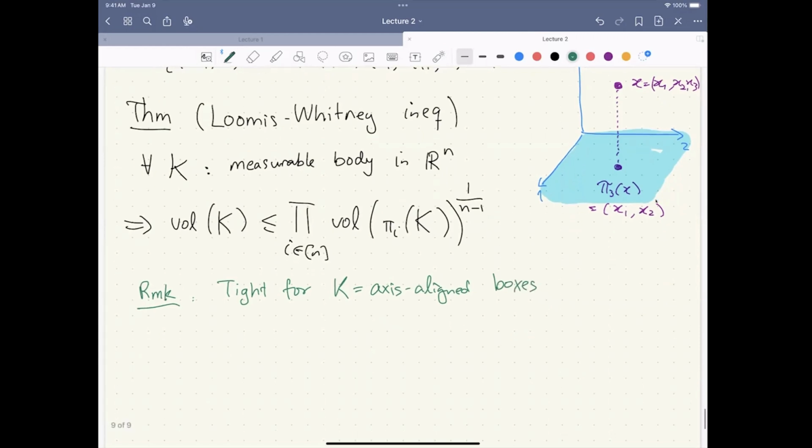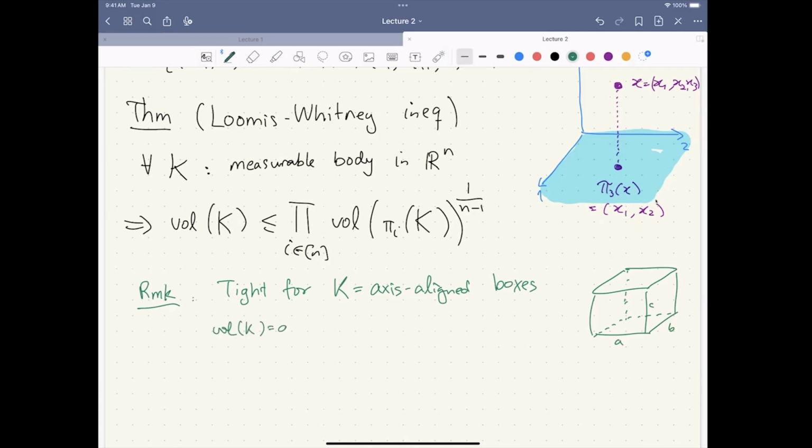Here's an example. If K looks like this, a 3-dimensional box, and A, B, C are the side lengths, then what's the volume?